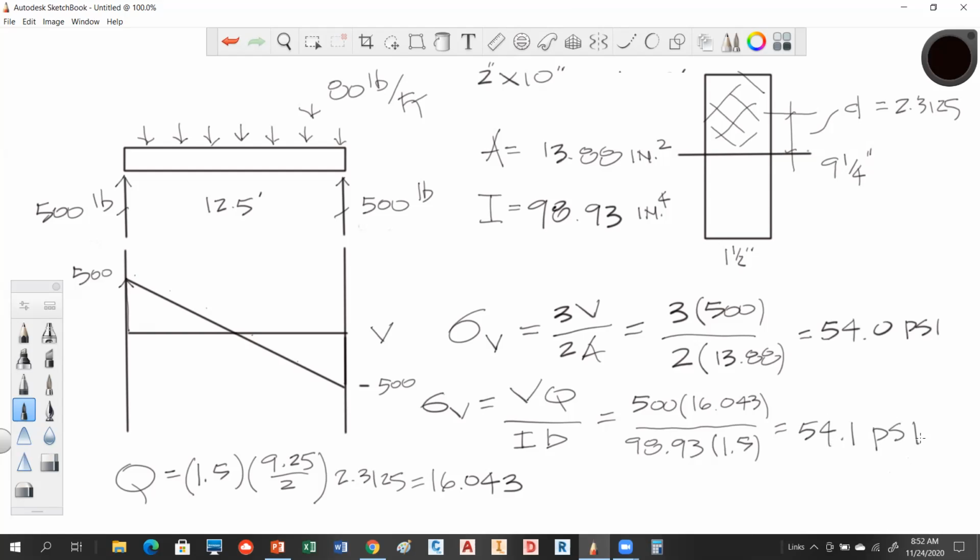Are we getting these values, guys? Anybody? Yeah, that's what I got.